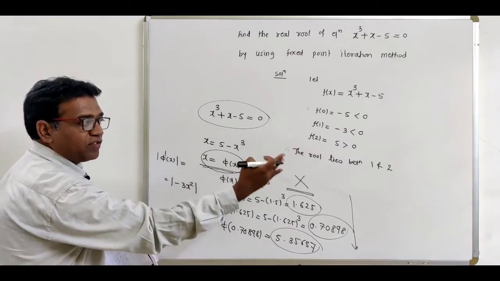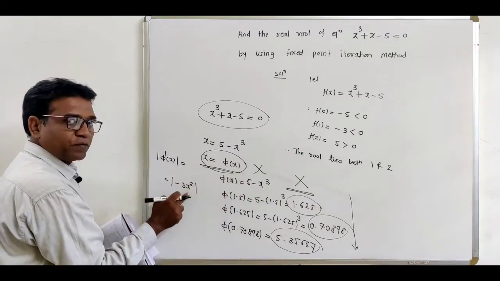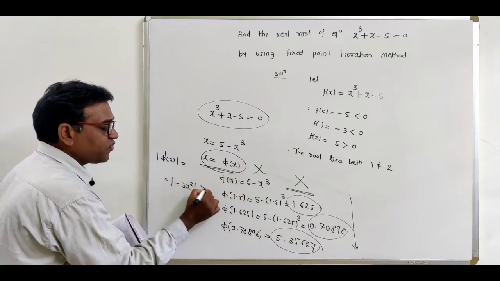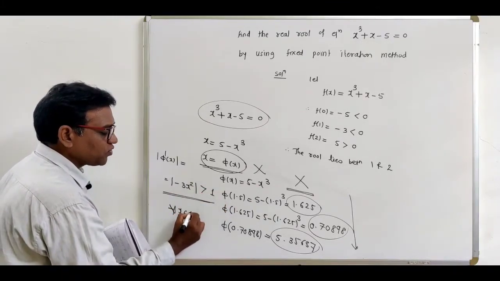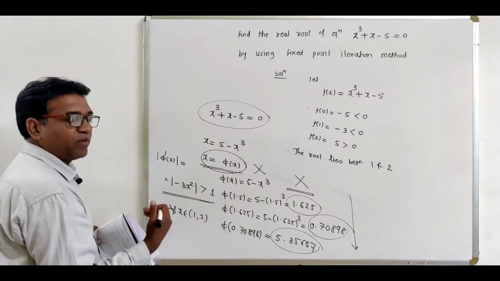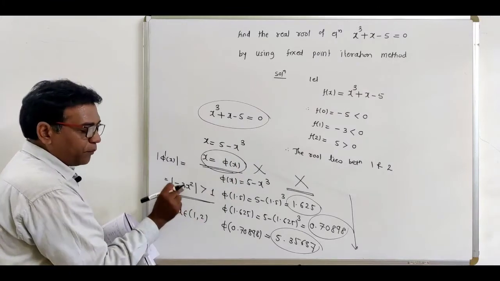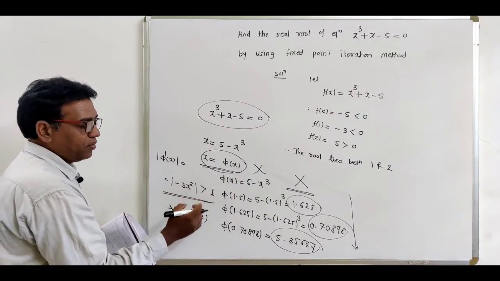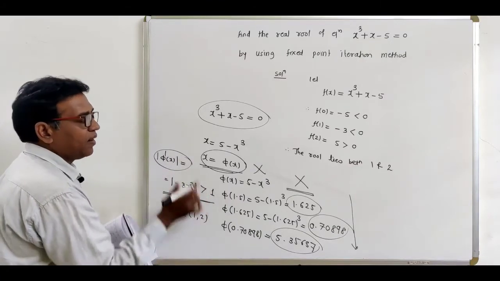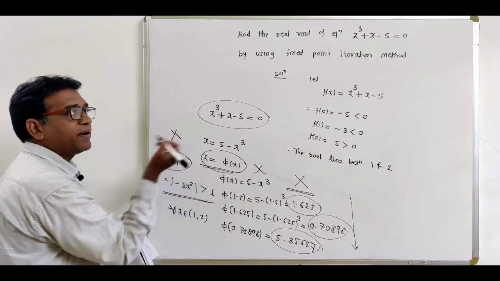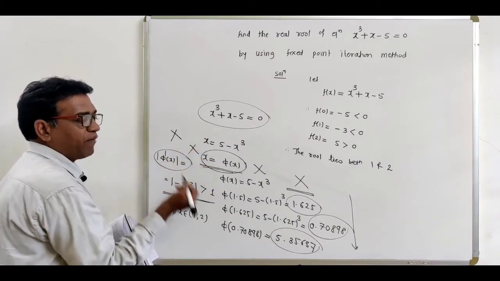Now if you put values in between 1 and 2, suppose x equal to 1.5, then obviously the magnitude of this value should be greater than 1 for all x belonging to the open interval 1 and 2. We have to substitute values in between 1 and 2. Then we observe that this derivative phi dash x is greater than 1. That means we cannot use this iteration method for this function. So this function does not work.